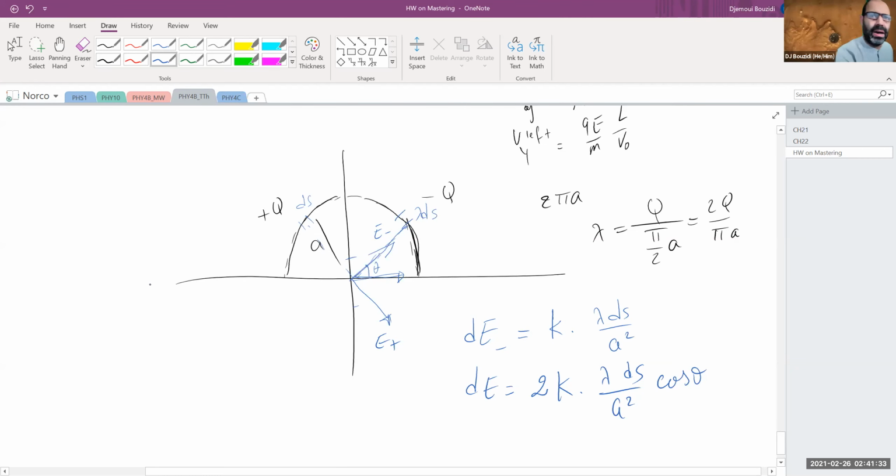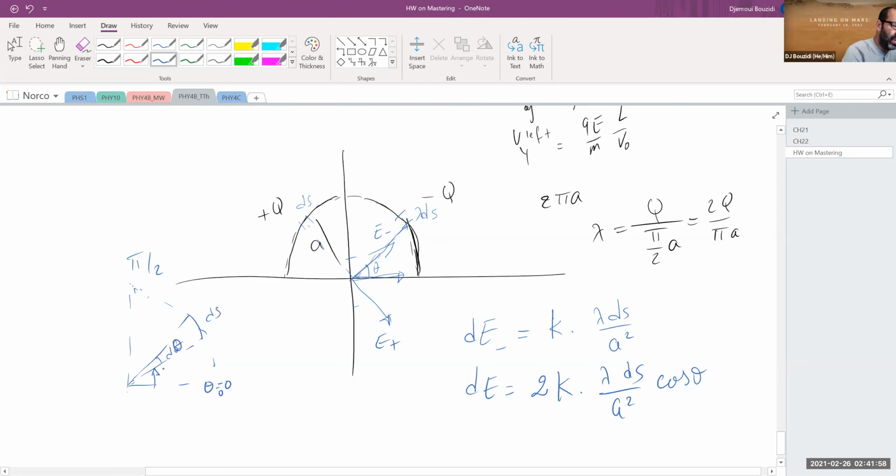And this ds in an arc is like this. What this theta is: we start with theta equal to 0, and once we integrate, we go all the way to theta equals pi over 2. That is the integration. The boundaries of the integration are from 0 to pi over 2, but this is d theta, and this is ds.